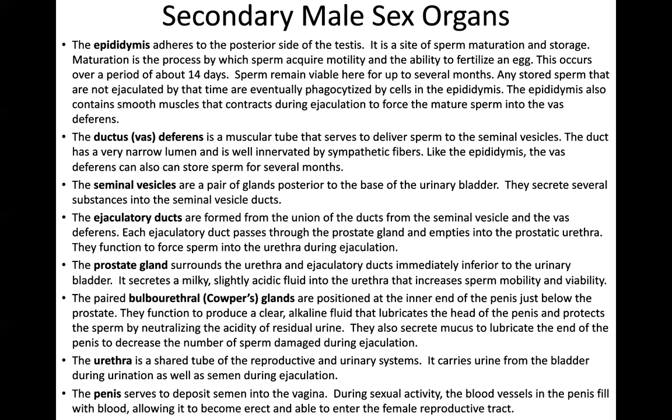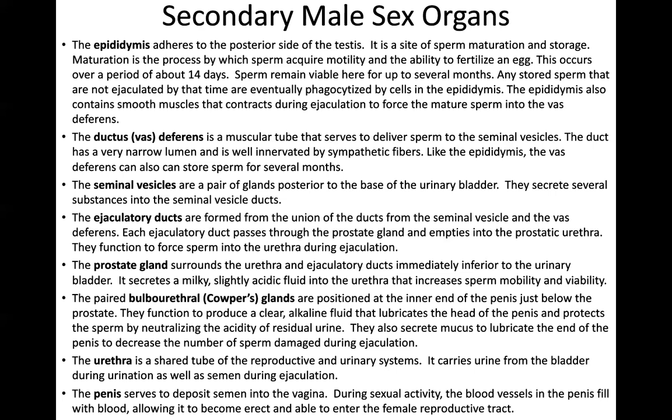And then the last glands of the male reproductive system I want to talk about are the bulbourethral or Cowper's glands, which are actually at the inner end of the penis, just below the prostate, where they can release a clear alkaline fluid that will lubricate the head of the penis and protect the sperm by neutralizing any residual urine. It's the acidity of that residual urine that would be harmful to the sperm.